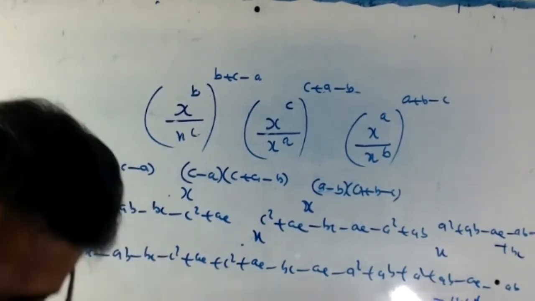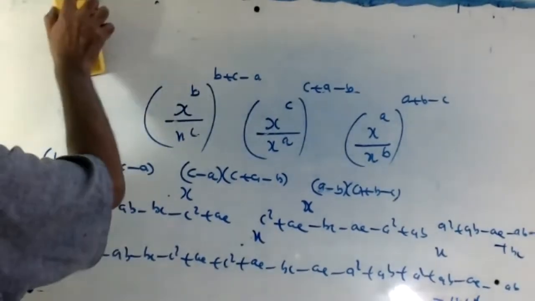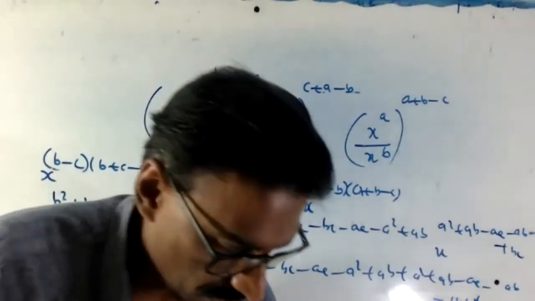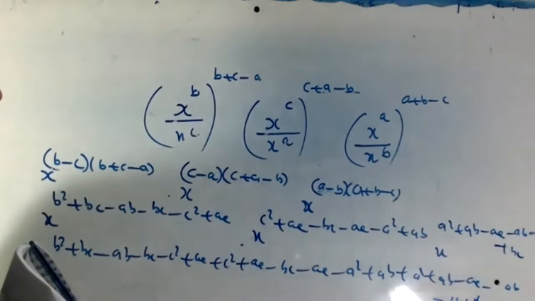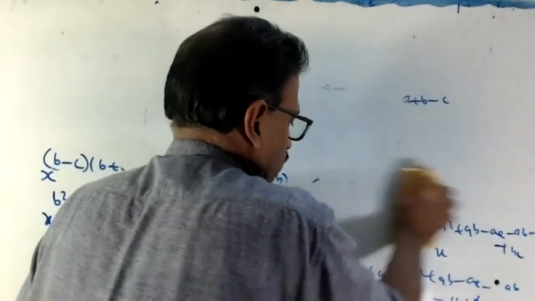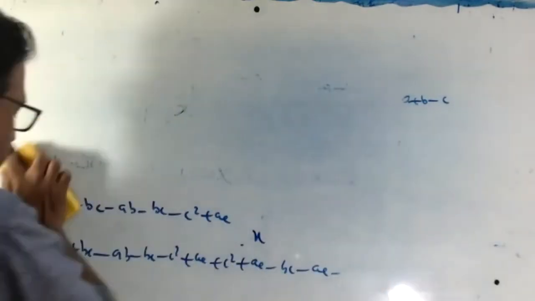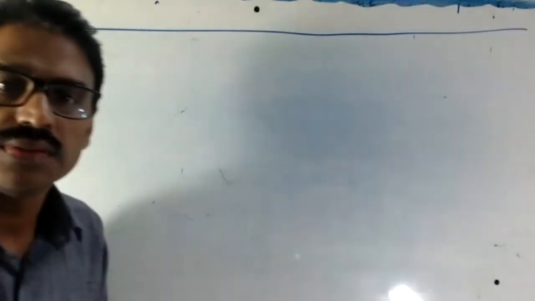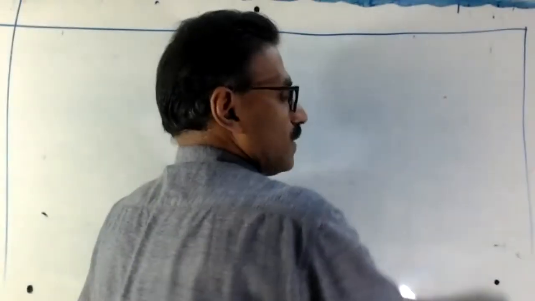Okay, look here. Let me look. I'll explain this question. Here you can see now, right? This line you can see, right? Here this also you can see.